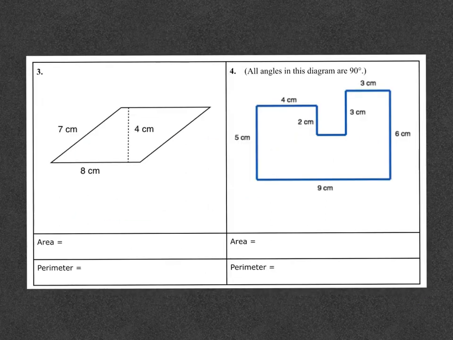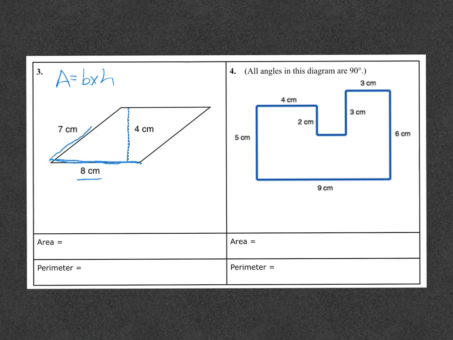For problems 3 and 4, we're still solving for area and perimeter. So remember 3, this is a parallelogram. And with a parallelogram, it is area equals base times height. So it's like a rectangle, except it's just one that's been blown in the wind, one that tilts over. So remember that your base is right here, right? There's your base, and your height is not, your height is this, right?